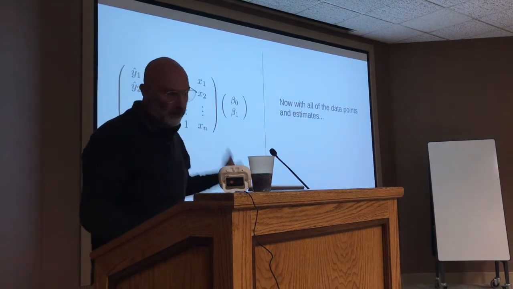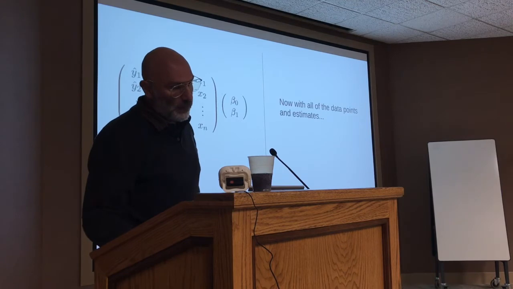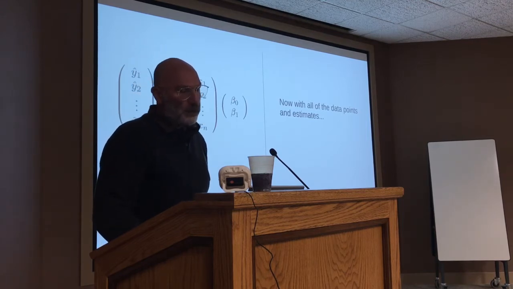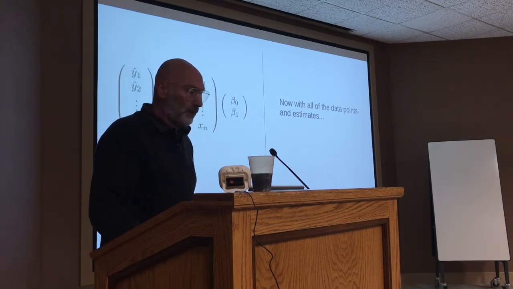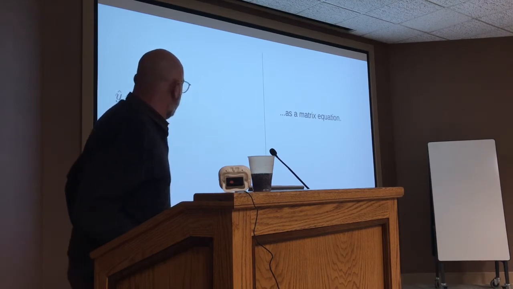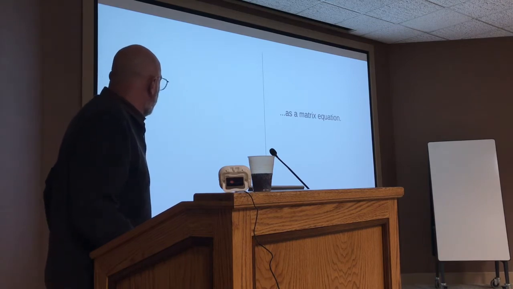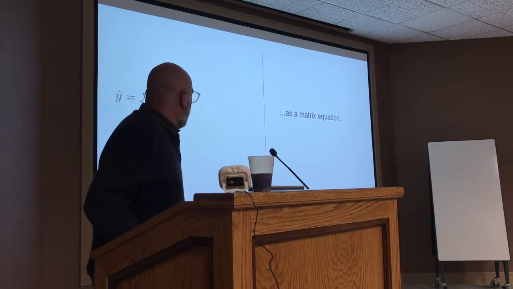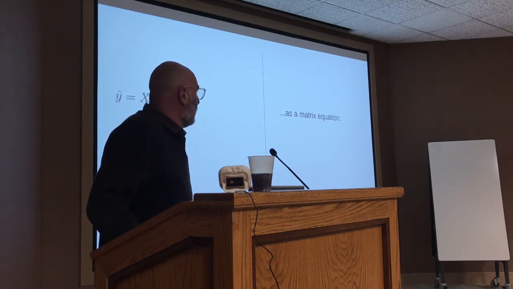If you don't like matrices and vectors, you're kind of out of luck, because you have to use them when you use R to do anything productively. If you don't know about or like vectors and matrices, you should really learn about them in order to use R and Python, for that matter, productively. So here we can avoid all those subscripts and just write everything together as a vector times a matrix, x times b equals our estimate of the measured data y. We do a lot with matrices.